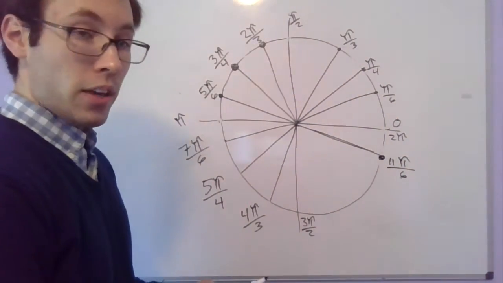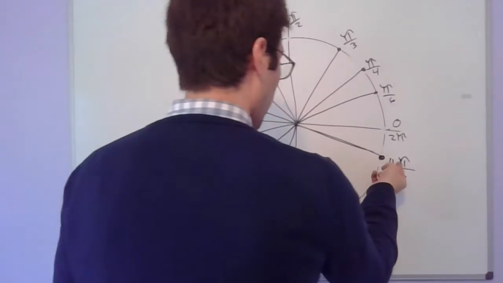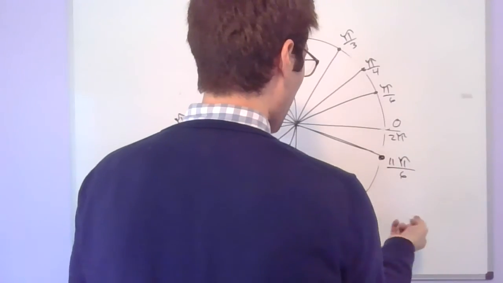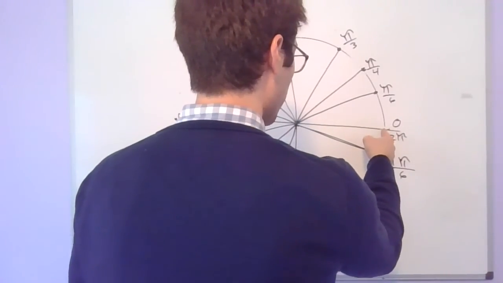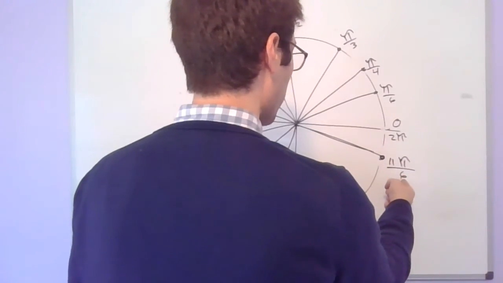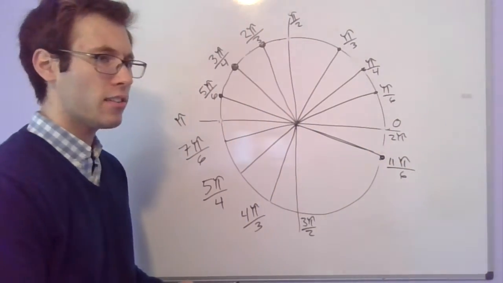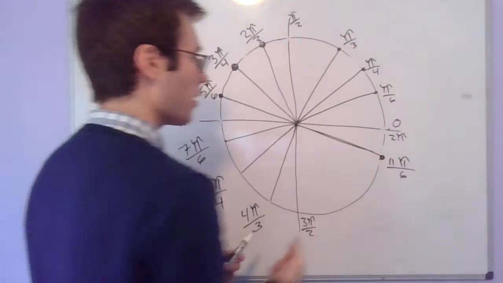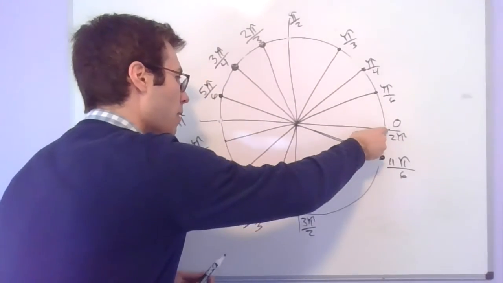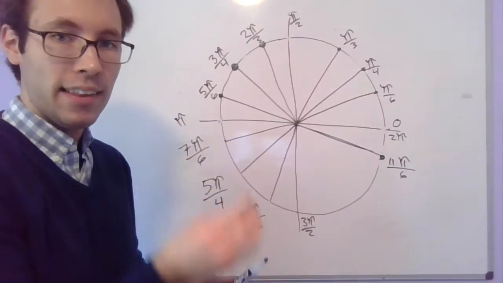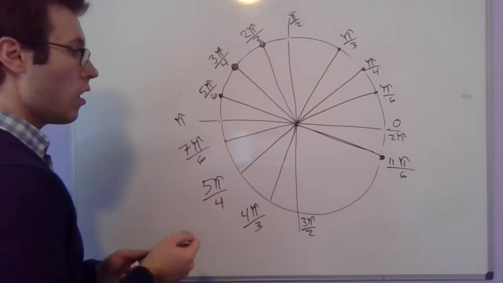And another thing you can note is that 11 pi over 6 plus a pi over 6, another 30 degrees, that's 12 pi over 6. 12 over 6 is 2, so that's 2 pi right there. So if you're going to add another pi over 6, that would give you 2 pi, and that's a way to kind of check.